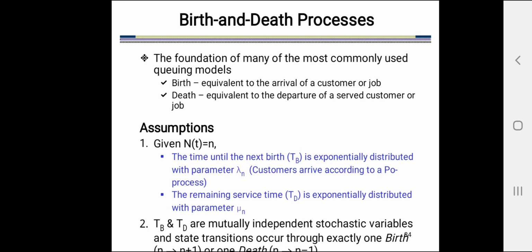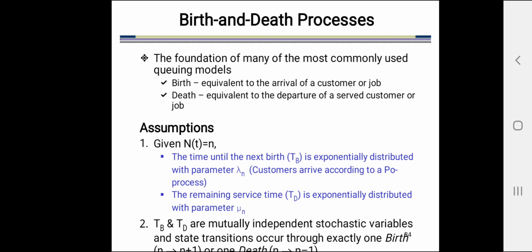One more topic is the birth and death process. It is the foundation of many of the most commonly used queuing models. Birth is equivalent to the arrival of a customer or job, like the arrival of one person on earth, and death is equivalent to the departure of a served customer or job.